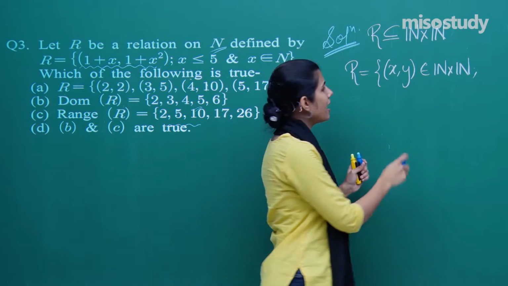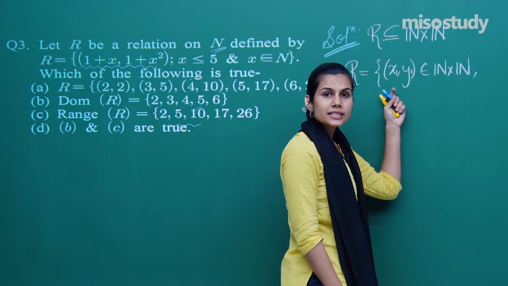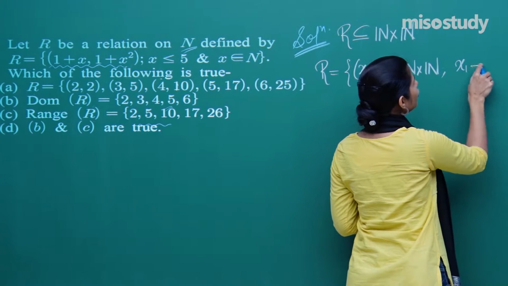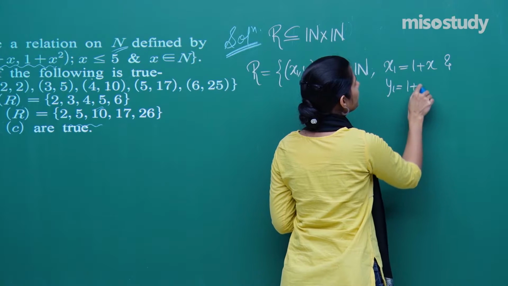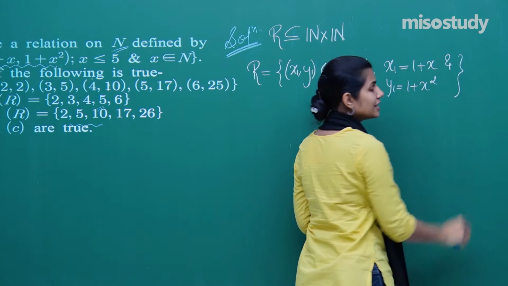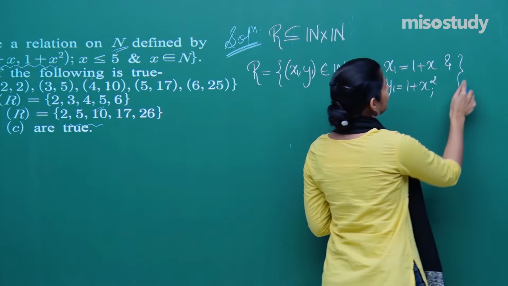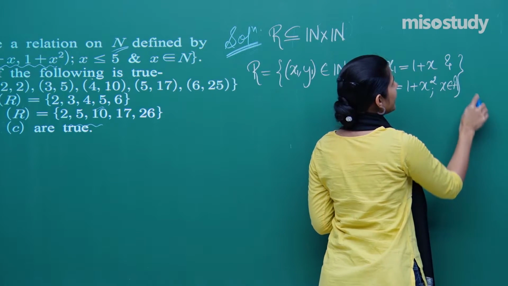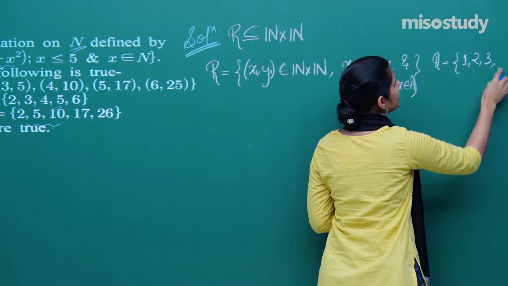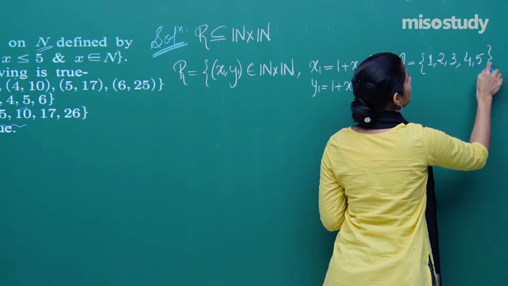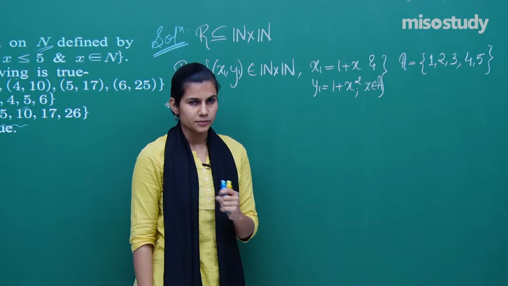So if I mark it as (x1, y1), then such ordered pairs are sitting inside R such that x1 looks like 1 plus x and y1 looks like 1 plus x square, such that this x is coming from a set A, where A is {1, 2, 3, 4, 5}. That is the meaning of the question.